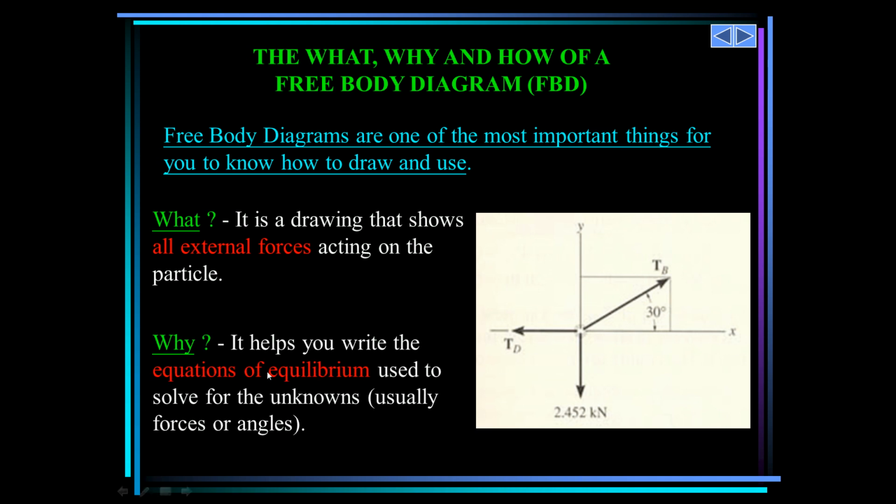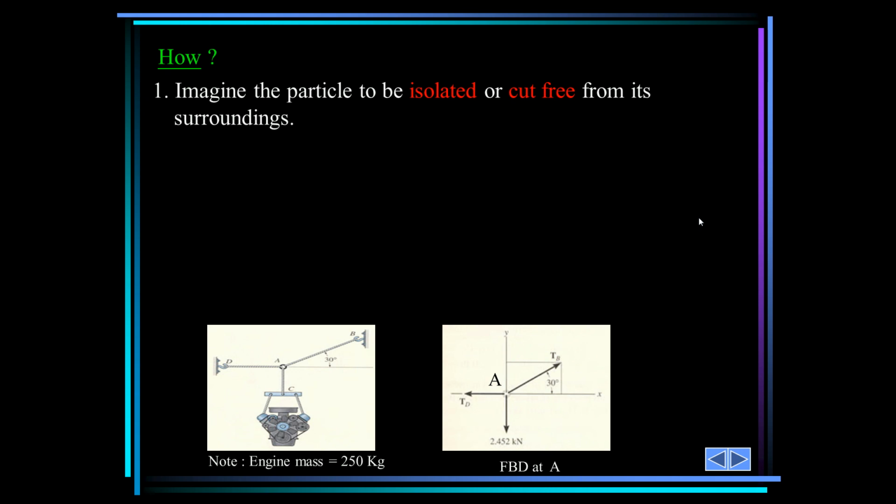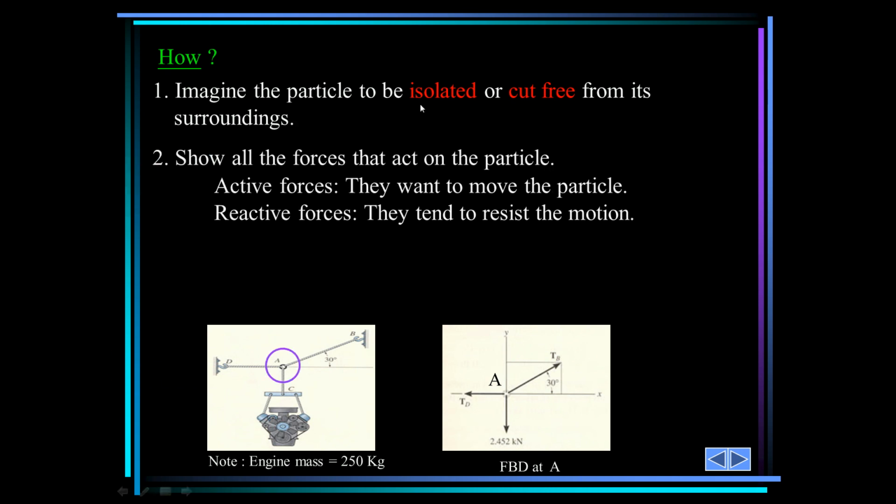It helps you write the equations of equilibrium and solve for the unknowns, the unknown forces in your FBD. And how can we do that? Imagine the particle to be isolated or cut free from the surroundings.